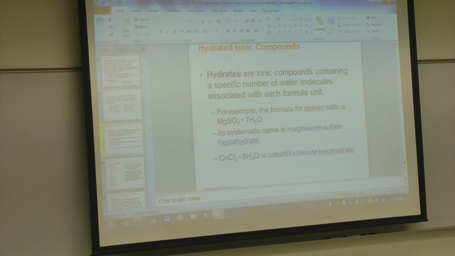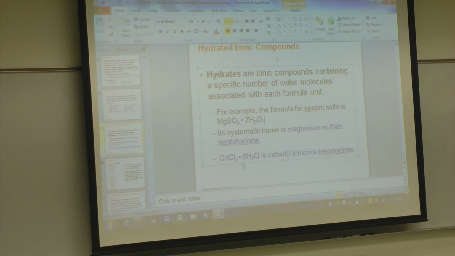And in the lab, we just did hydrates, which are ionic compounds containing a specific number of water molecules mechanically bound to each formula unit. So if we have MgSO4·7H2O, more commonly referred to as Epsom salts, we call it magnesium sulfate heptahydrate.